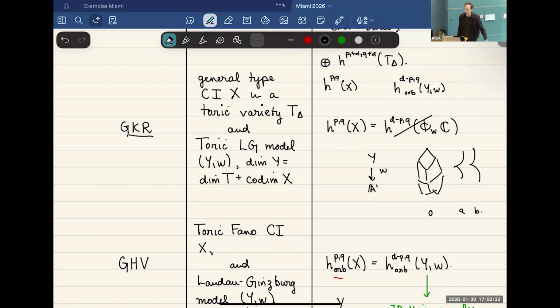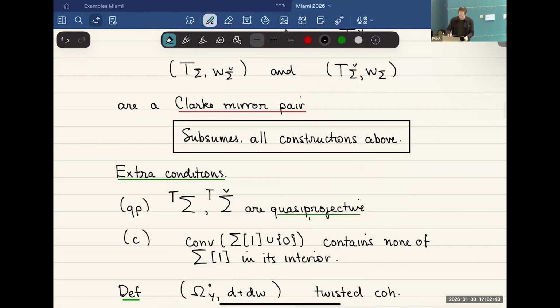Right? So there's some modification of the GKR result that we're able to prove that doesn't actually recover the GKR result. Okay, so that's just a comment on this.